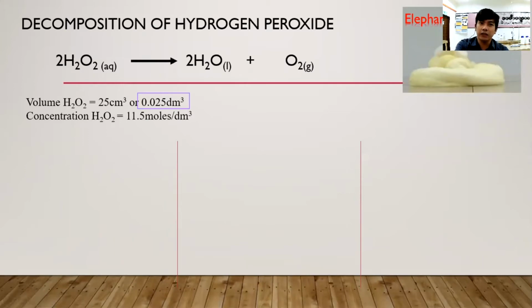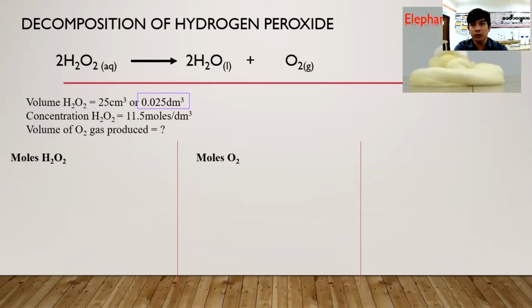Next is the concentration of H2O2. The concentration of H2O2 that we used here is 11.5 moles per dm cube. The next, volume of gas produced. That is the one that we are going to identify. So the first thing that you have to do is to identify the moles of H2O2. Next is the moles of O2, or the moles of oxygen, and then the volume of oxygen gas.